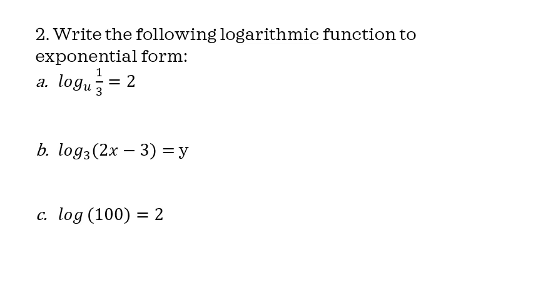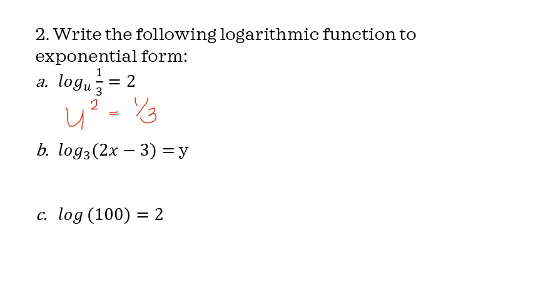So we have a, b, c. So let's start with a. Log 1/3 base u is equal to 2. So this is equal to u raised to 2 is equal to 1/3. Then for b, we have log quantity 2x minus 3 base 3 is equal to y.